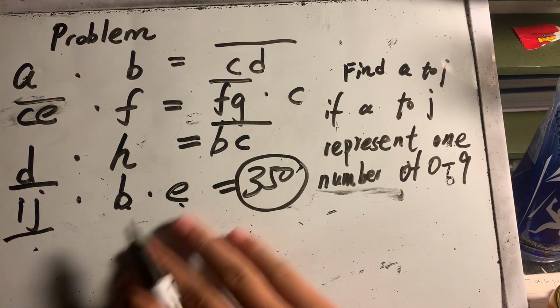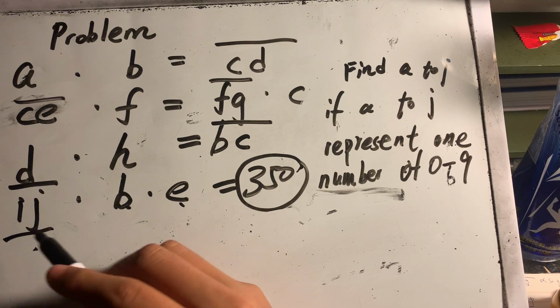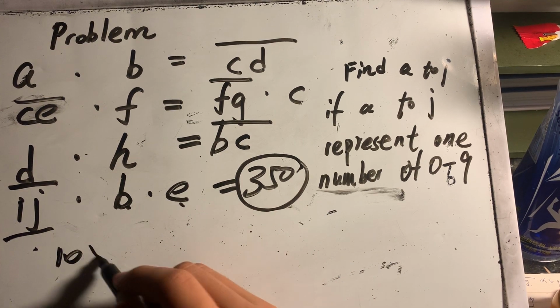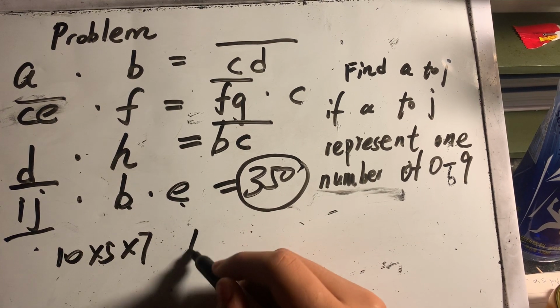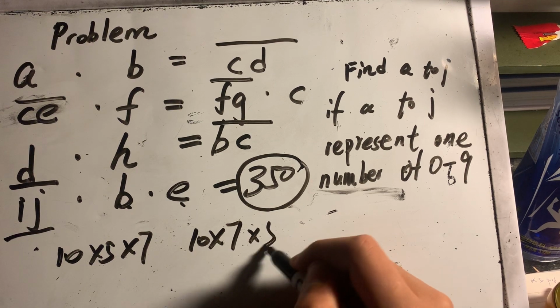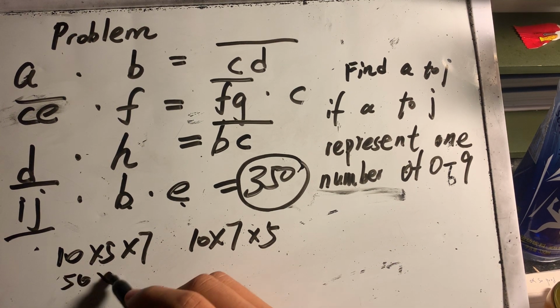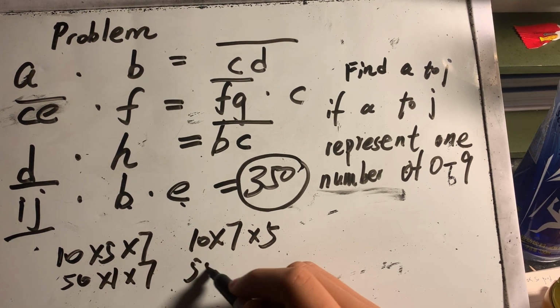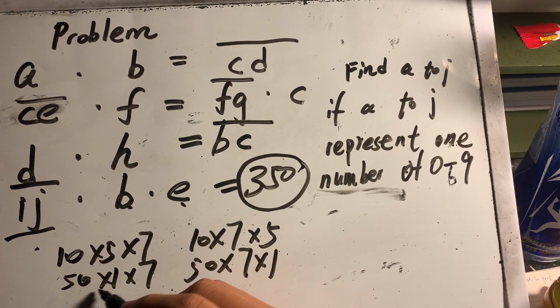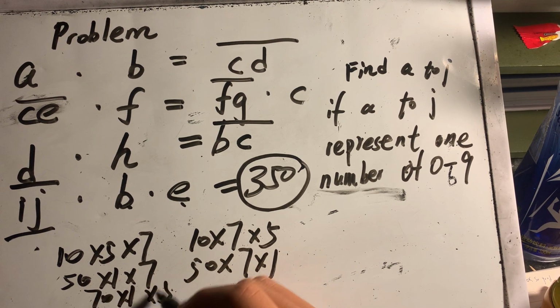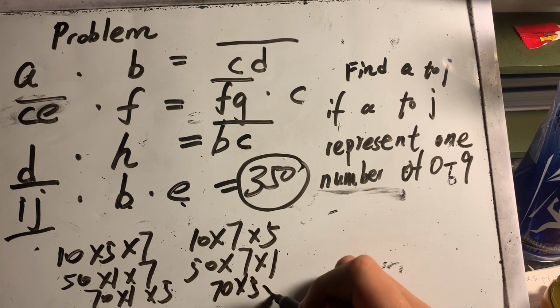So which means that we can list out all the possibilities for IJBE, which is 10 times 5 times 7, 10 times 7 times 5, 50 times 1 times 7, 50 times 7 times 1, 70 times 1 times 5, 70 times 5 times 1.